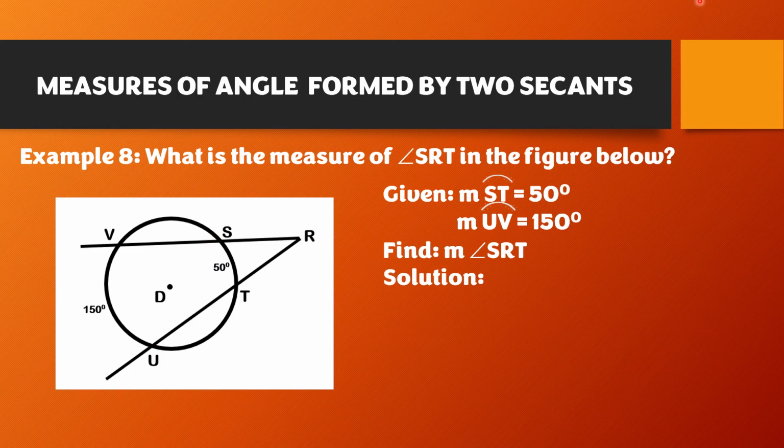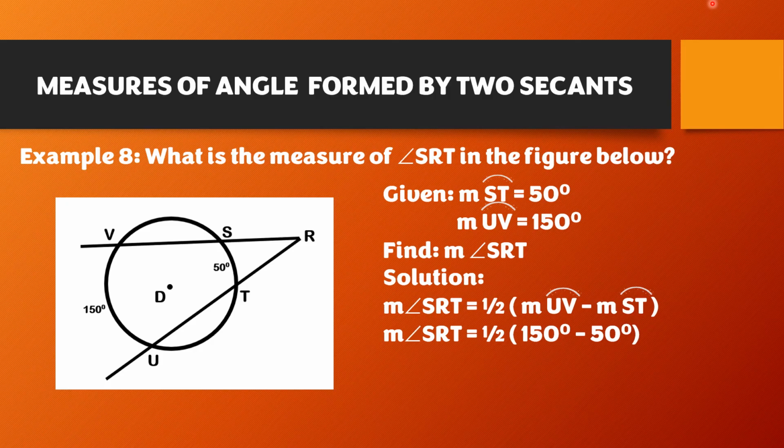So for the solution, by applying the external angle theorem, we have the measure of angle SRT is equal to 1/2 times the measure of arc UV minus the measure of arc ST. And next is we're going to substitute now the values for arc UV and arc ST. So we have the measure of angle SRT is equal to 1/2 times 150, this is the measure of arc UV, minus 50 degrees, this is the measure of arc ST. And then simplify 150 degrees minus 50 degrees, that is equal to 100 degrees.